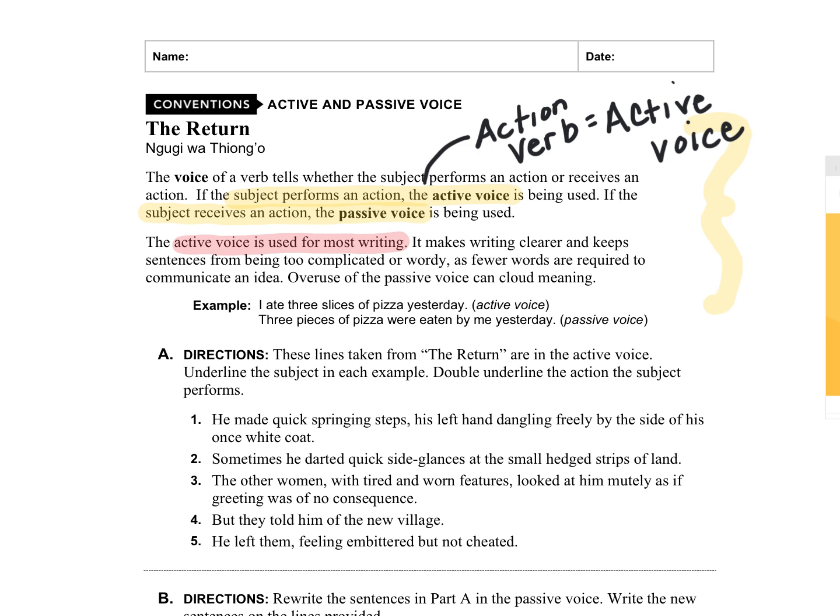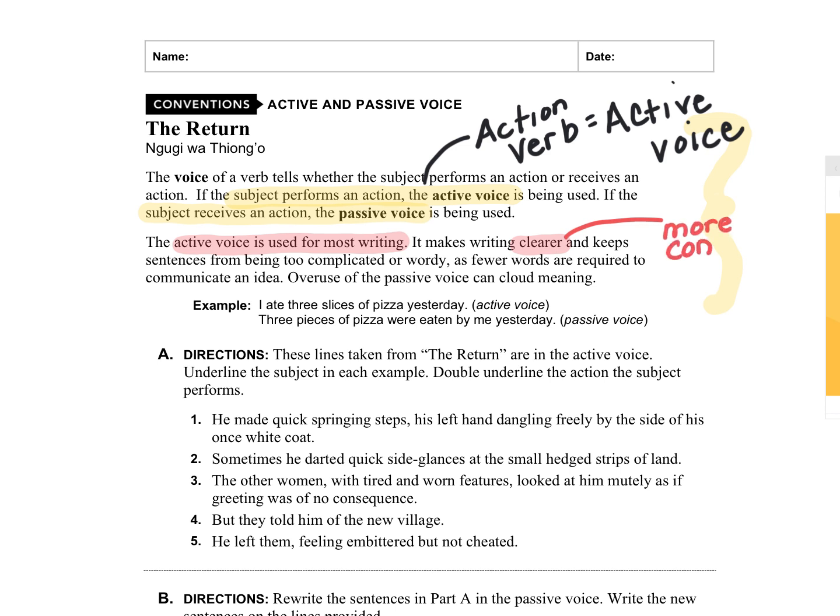And in science, they want the emphasis to be on the process that's being done rather than whom or what is doing it. So for you and I, we're always going to strive to write in active voice. It's clearer and keeps sentences from being wordy. So that means it's clearer and it's more concise.